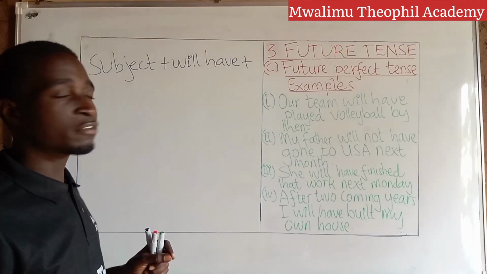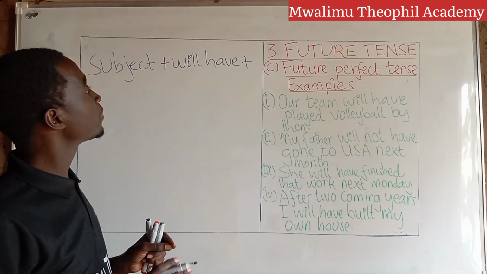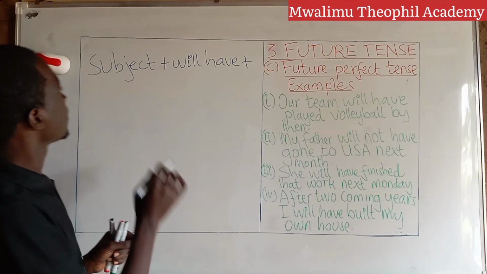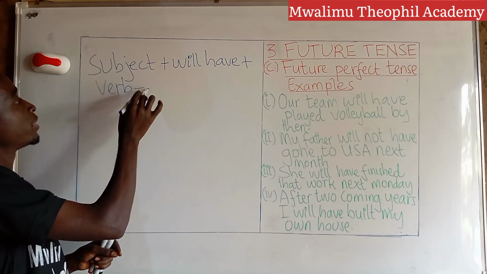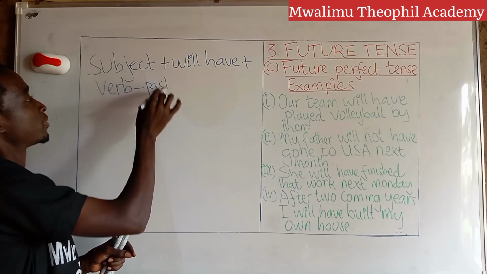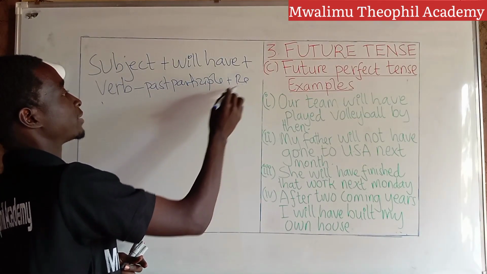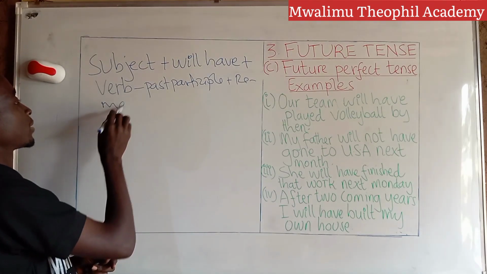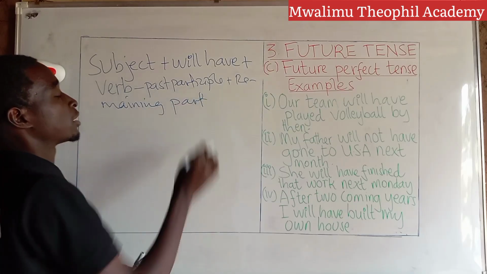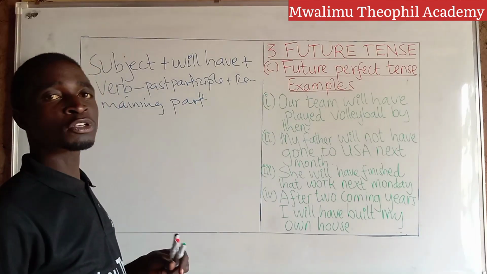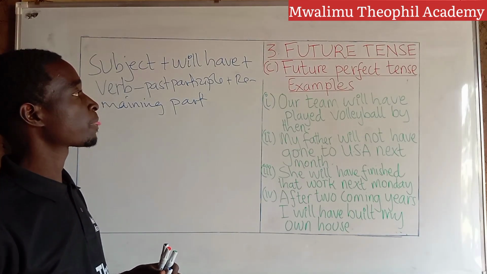After will have, we follow with the main verb in past participle. And we finish with the remaining part of the sentence. So this is the general rule for constructing any sentence which is in future perfect tense.